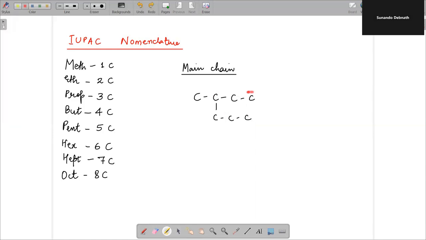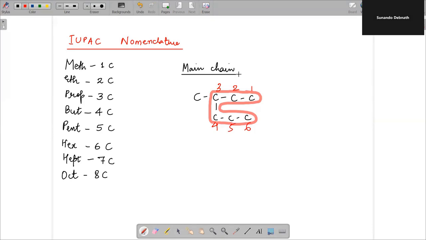If I take this chain, carbon, carbon, carbon, and if I turn in this way, again carbon, carbon, carbon. If I take it in this way, you see this continuous chain of carbon. This is first carbon, second carbon, third carbon. This is fourth carbon, fifth carbon, and sixth carbon. Here I have got an even longer chain. And this is the longest possible chain in this particular structure. You cannot get a longer chain than this.